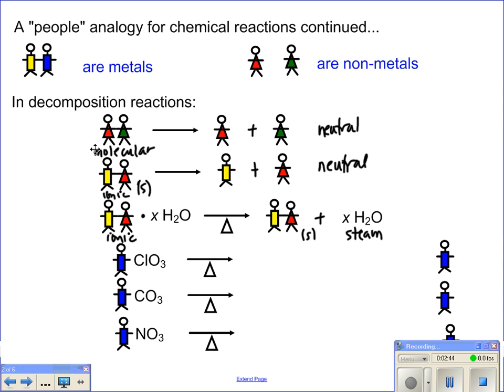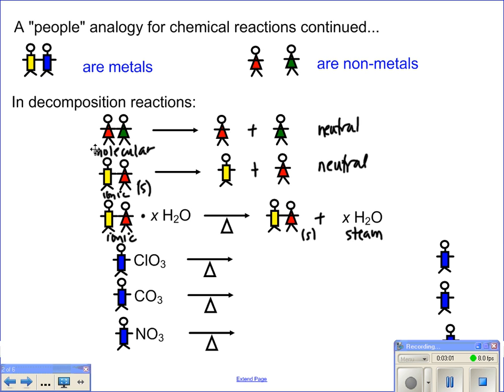We can take three families of ionic compounds, those that contain chlorate, those that contain carbonate, and those that contain nitrate. And in similar fashion to the hydrated ionic compounds above, we can heat them up. They do decompose in a very predictable manner.